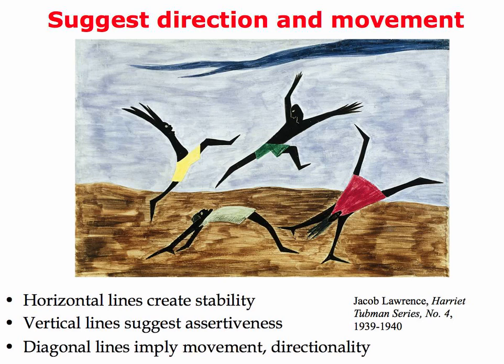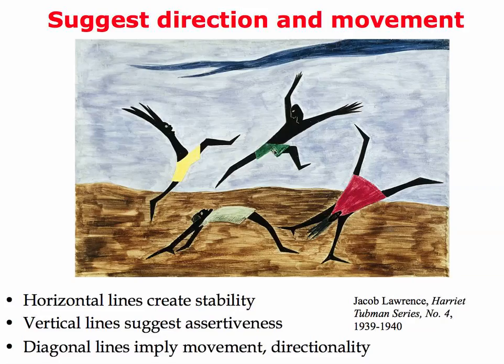In this image, by Jacob Lawrence, different types of line suggest different things. The horizontal contour line of the horizon here, between the sky and the ground, creates a stable platform for these children to be playing on.